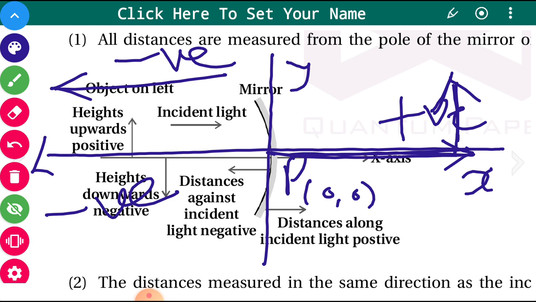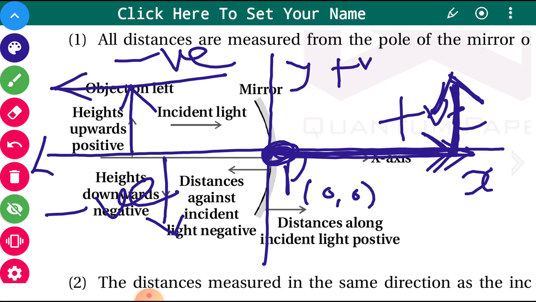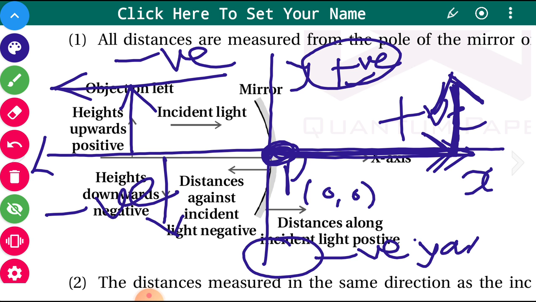Height in the upward direction is positive, and height in the downward direction is negative, because the upward direction has the positive y-axis, and the downward direction has the negative y-axis or negative y coordinates.